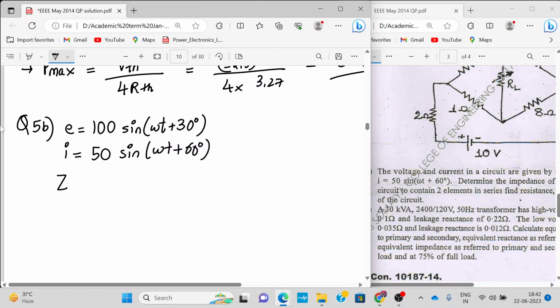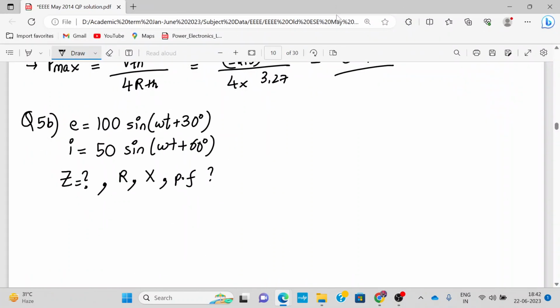And what are they asking us to find? Z, then R value, reactance value X, either L or C we will find out, and the power factor. So all these things we have to find out. And they are saying there are two elements in series, so we don't know, right? I am drawing it as a box. There are two elements in series.